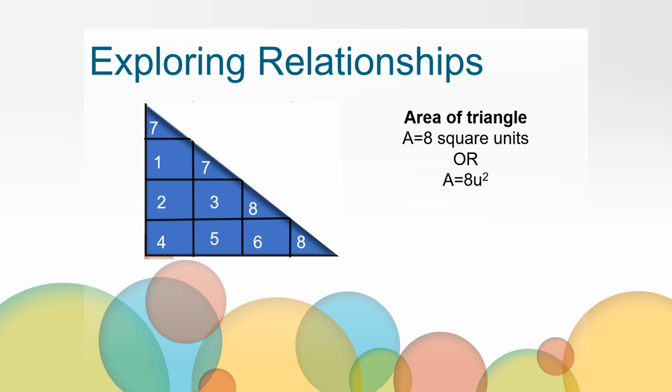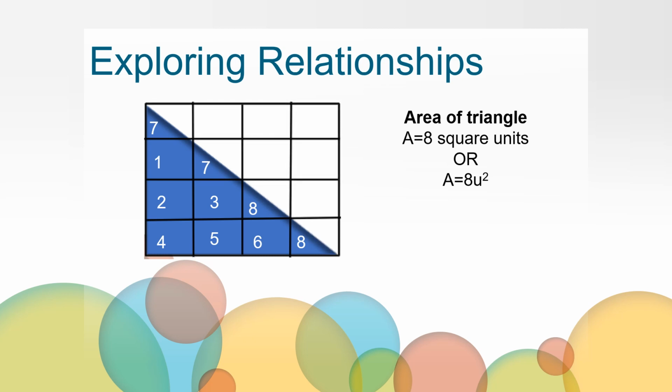Now let's explore the relationship the area of the triangle has to the area of the square. The square has a length of 4 units and a width of 4 units. I can use the formula area equals length times width.